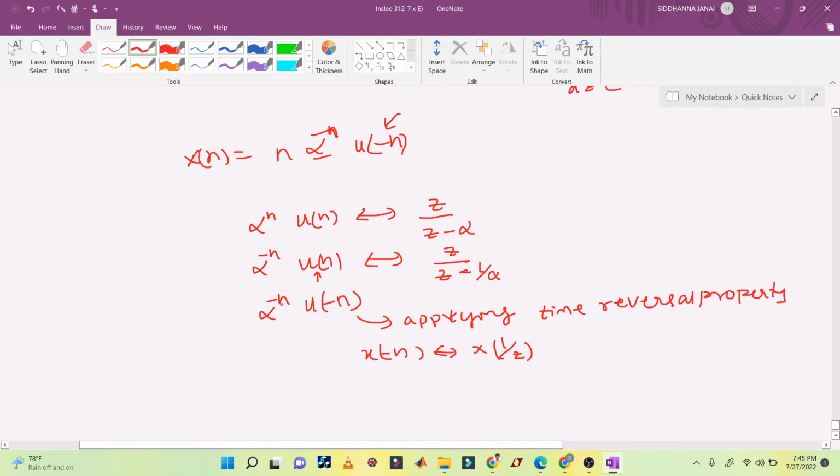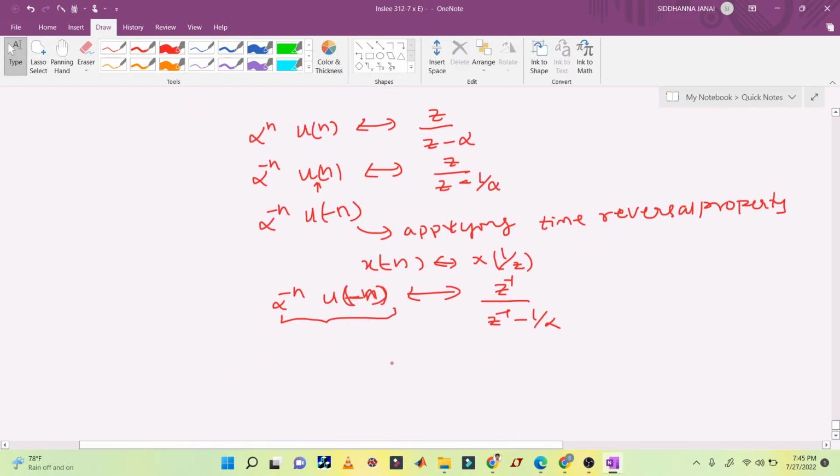So for this one, alpha power minus n u of minus n, the z transform is z inverse divided by z inverse minus 1 by alpha. This is the z transform of alpha power minus n multiplied by u of minus n. Now this signal is multiplied again by n, giving n into alpha power minus n u of minus n. This is the actual signal, right?